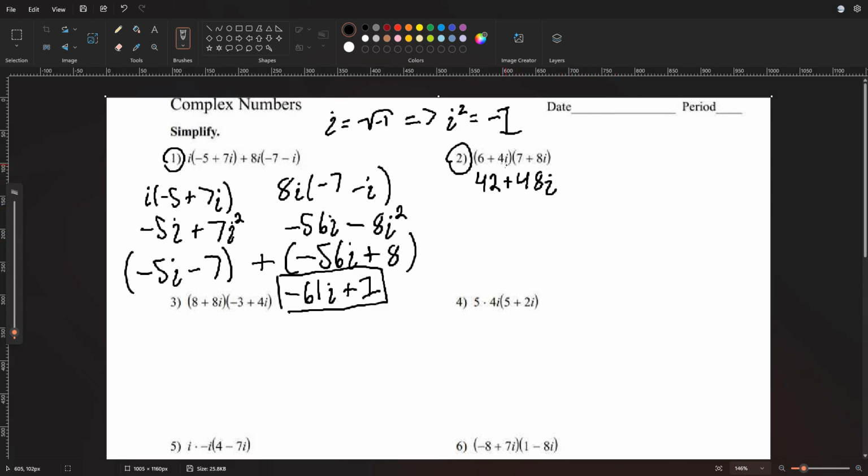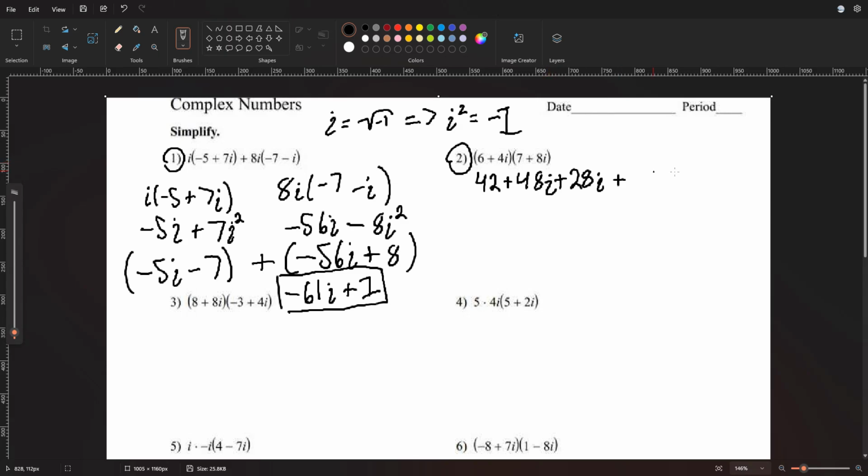Let's do inside. 4i times 7. That's going to be 28i. 4 times 7 is 28. Don't forget the i. Now let's look at the last. So it's going to be positive 4i times positive 8i. So 4 times 8 is going to be 32.